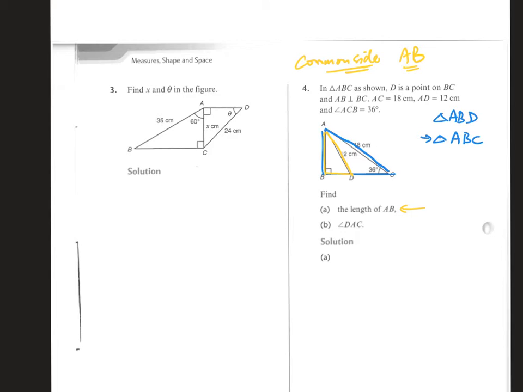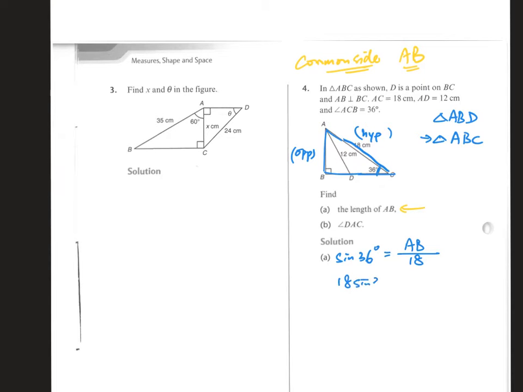Now let's take a look at the big one first, which is in blue, because it's more informative. In A, according to 36 degrees, AB is what side? Yes, opposite. While 18 is, yes, the hypotenuse. Opposite and hypotenuse, O and H, so what's that? Sine theta. So at first we have sine 36 degrees equal to the opposite side, which is AB, divided by 18.